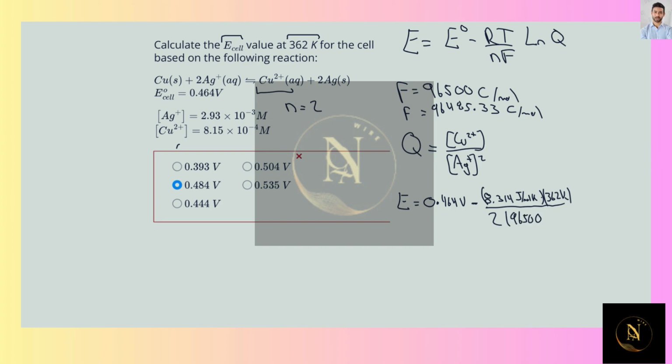Here I'm going to do the calculations with the simplified, rounded value of 96,500 coulombs per mole times the logarithm of Q.